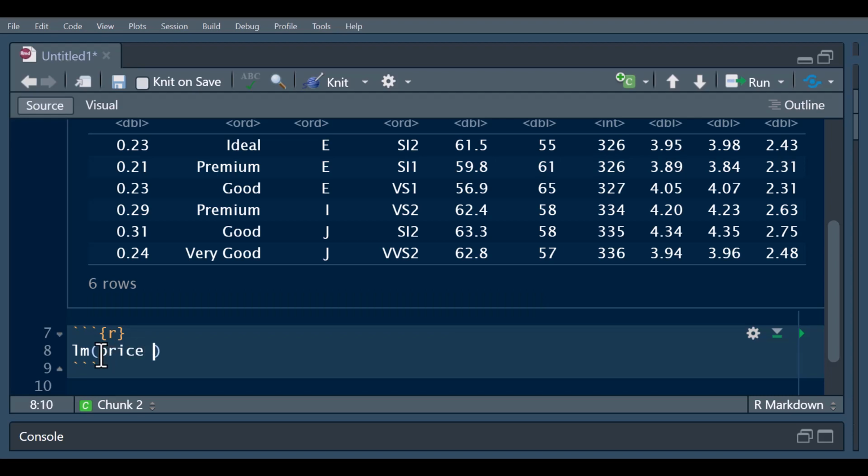So we're going to say price regressed on carats. So this is actually our dependent variable, or you can say our target variable, while this is our predictor variable carats, or our independent variable. So we want to find out the value of price using the variable carats. So this is the formula. This is the tilde sign that we're using to write our formula. Then next, to give our data.